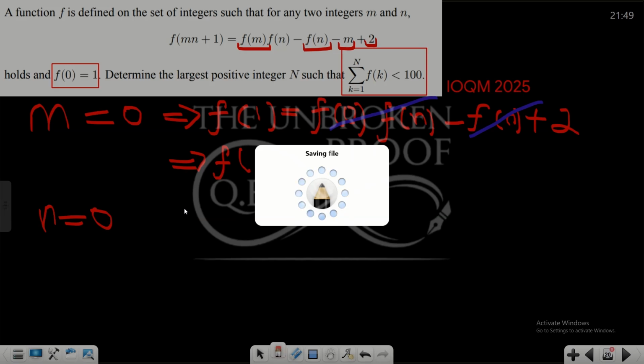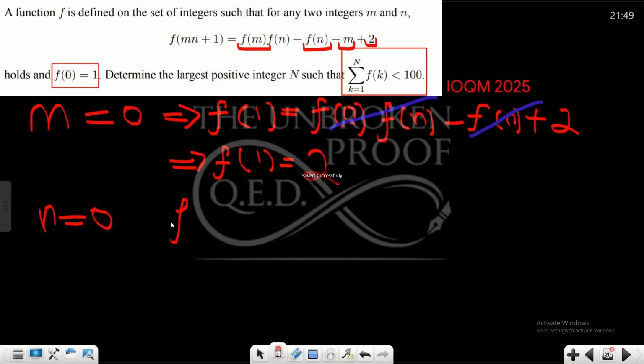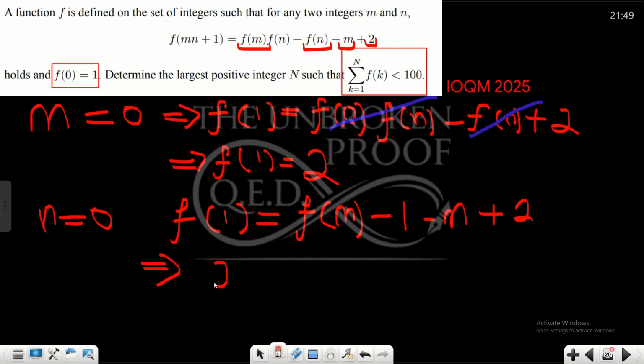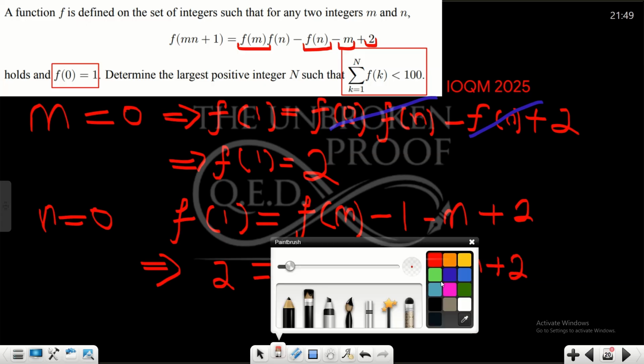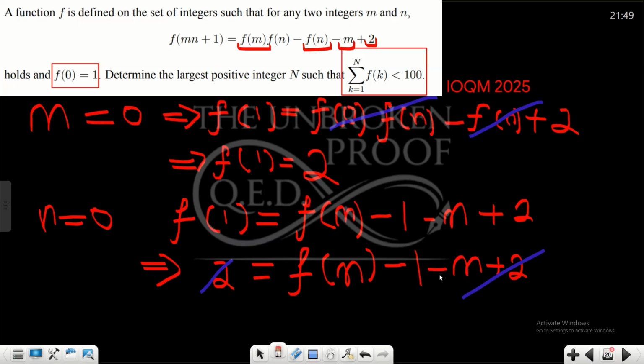F of 1 is equal to f of m, f of n equal to f of 0 is 1, and here you will get minus f of 0, which is 1, minus m plus 2, and f of 1 is actually 2 if you see here, so 2 is equal to f of m minus 1 minus m plus 2, and we can cancel 2 on both sides, and finally you will get f of m is equal to m plus 1.